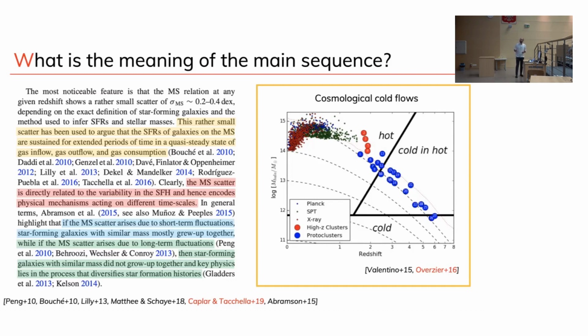It's pretty warm. But there's a regime in between these two, below and above the threshold, where you can actually have a mix, and you have this cosmological cold flow that can penetrate cold down to the bottom of the potential well.